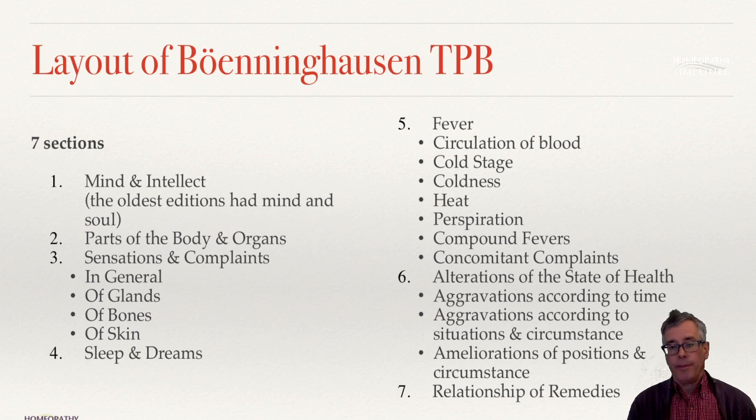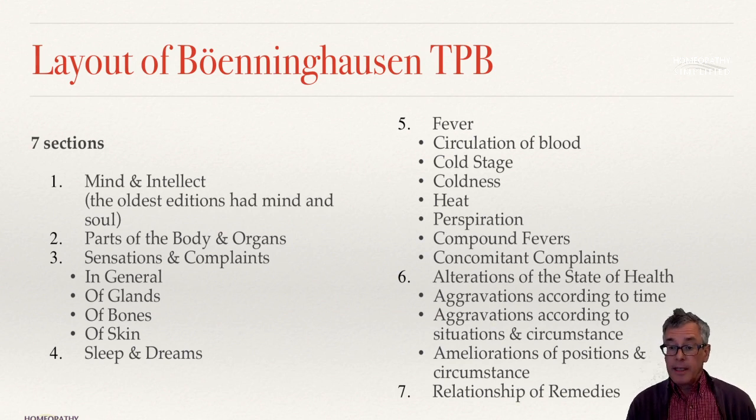And then fever. We have all of the different stages of fevers. So the circulation of blood, the coldness in general, heat in general, how those affect the patient, perspiration of the patient, and then compound fevers.